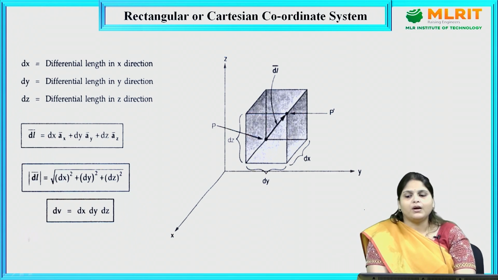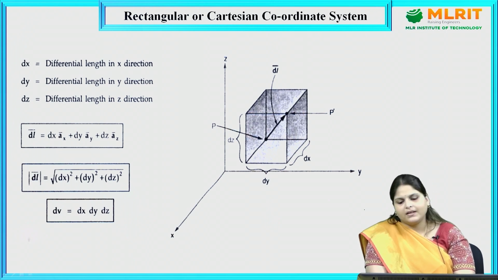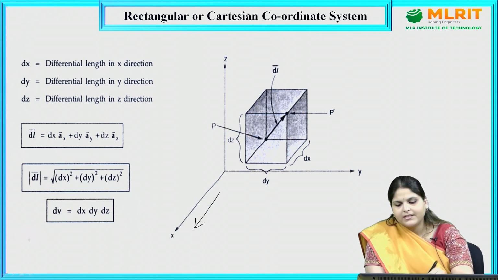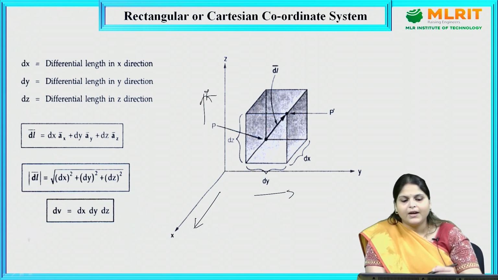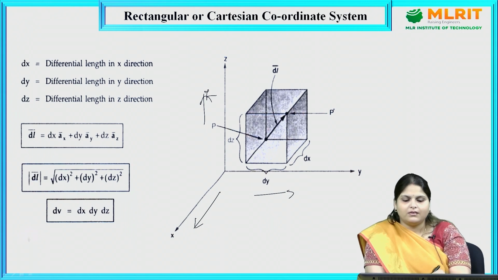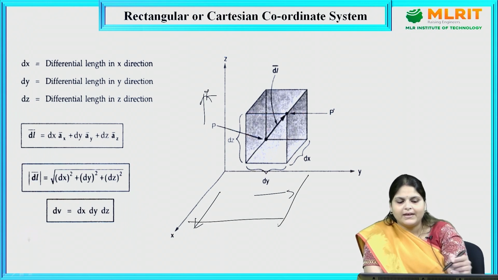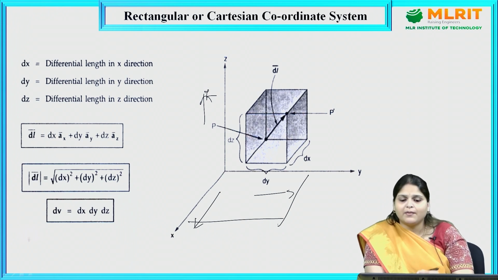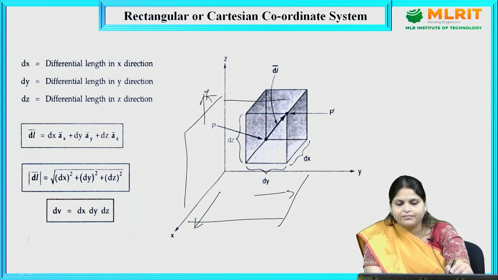Let us talk about differential length for this particular coordinate system. As I say, there is a variation in x direction, y direction and z direction, and we have yz plane, xz plane, xy plane, like this.